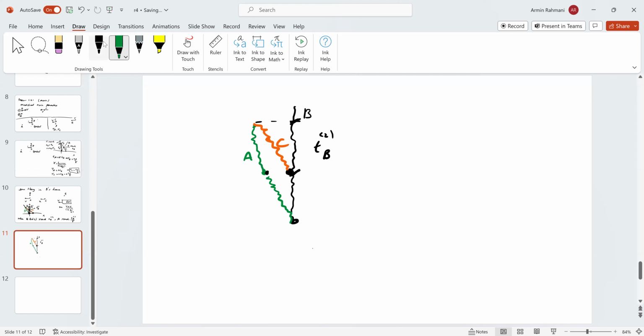And this time, from here to here, we called it TB1. So now we can figure out this length from that. That's how much A has moved over a time TB1 with velocity V. So this length from here to here must be VTB1.